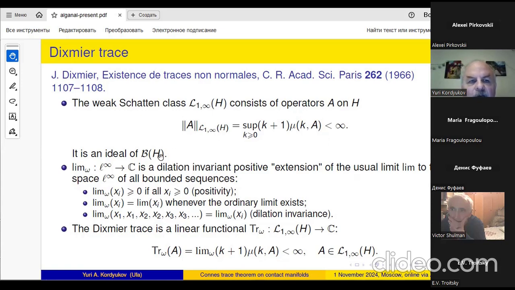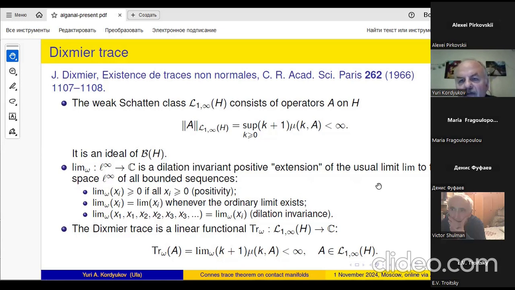And this is again an ideal of the algebra of bounded linear operators. And then we have a sequence which is bounded, but it's not convergent. But then we should find a limit of this. And we do this in the following way.